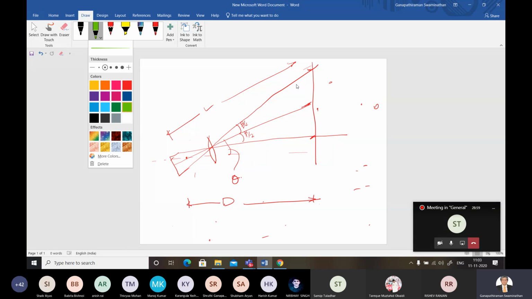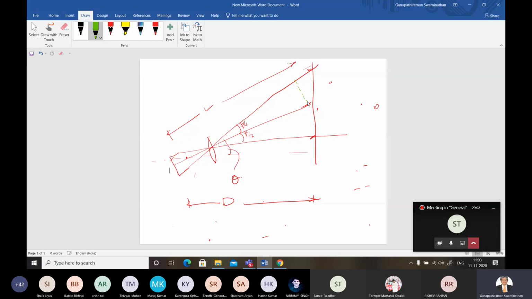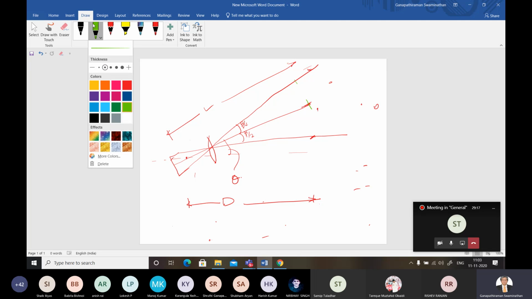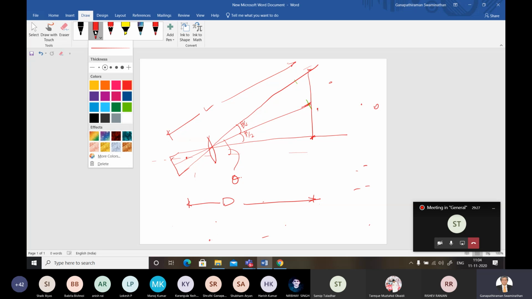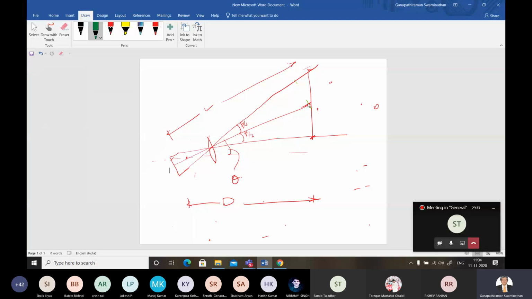Now for a small purpose, I just construct a normal. So this is the perpendicular, okay?